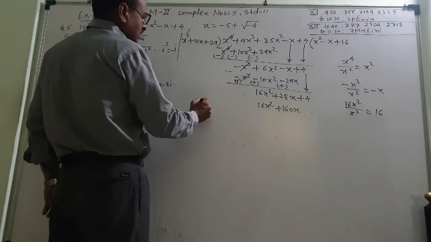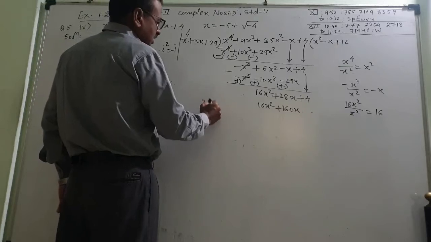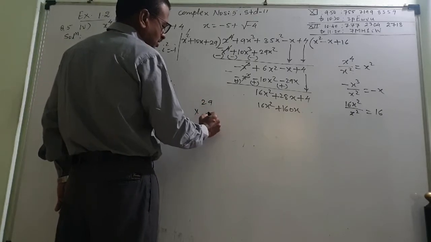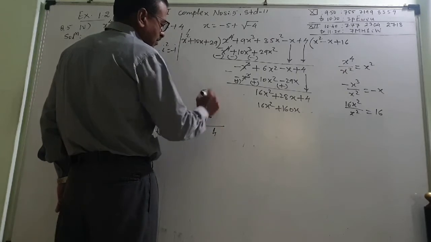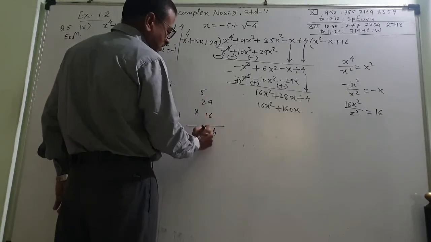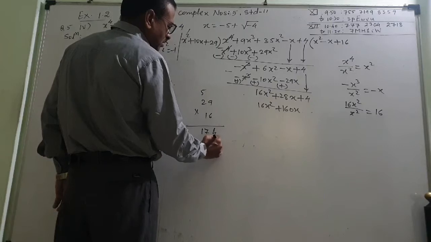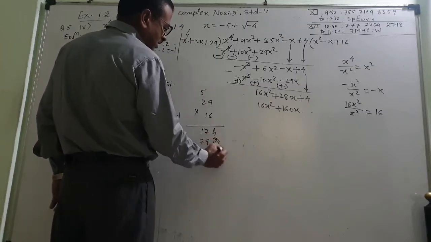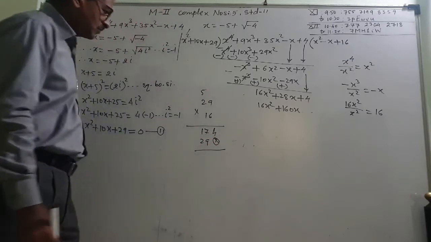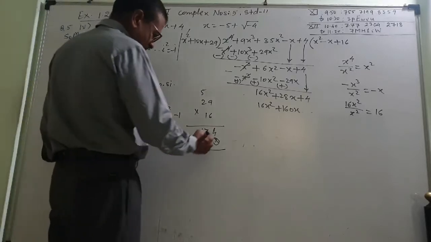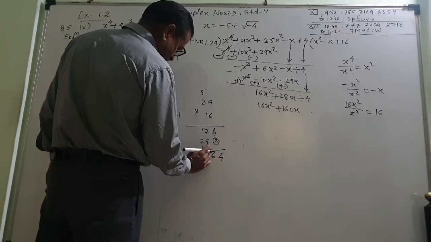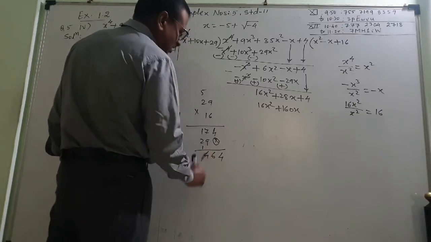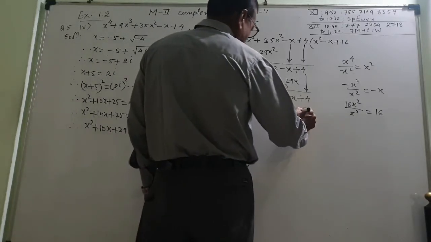So I will do that multiplication, 29 into 16. 9 sixes are 54, 5 sixes are 30, 2 sixes are 12 plus 5 is 17, so 29 into 6 is 174, and 29 into 1 is 29. This is 464.